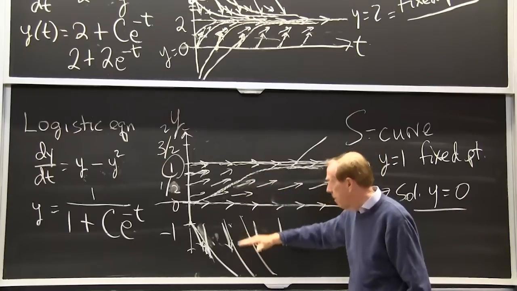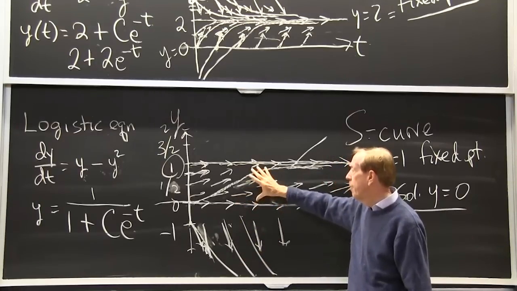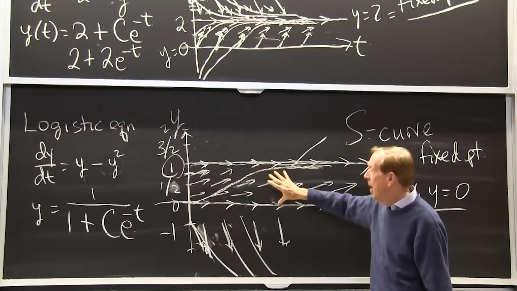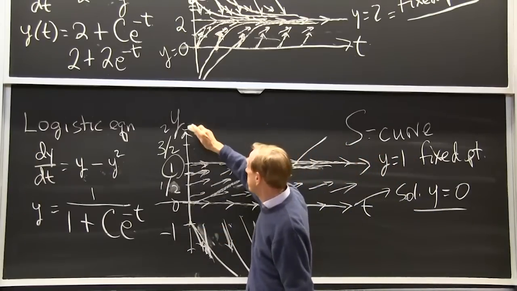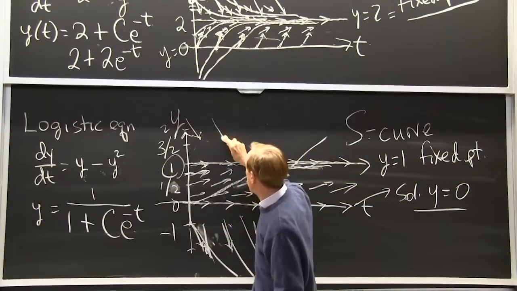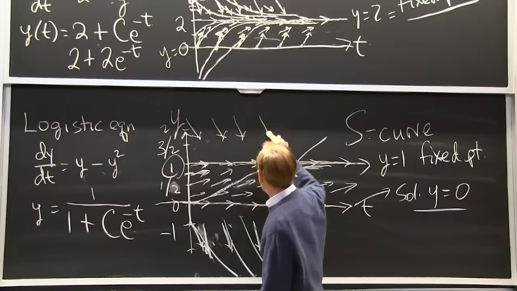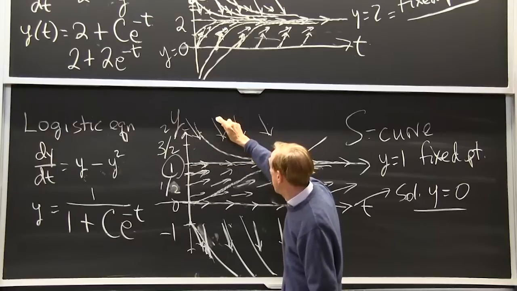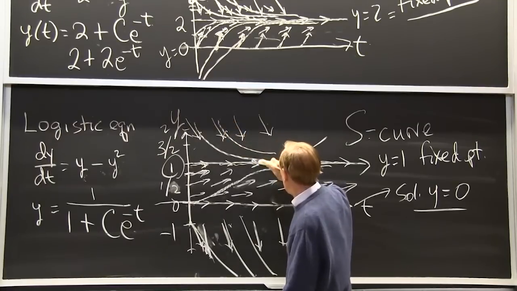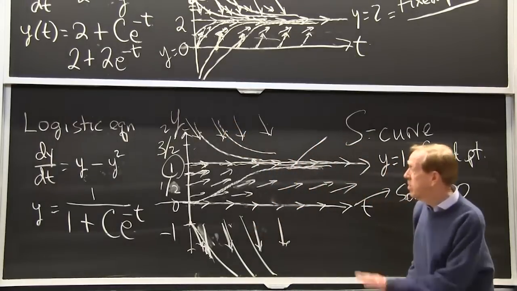They were downward here. They're slowly upward in this sandwich. And then up above, they're downward again. So slopes are coming down, and they drop into 2. Actually, it's a symmetric picture.